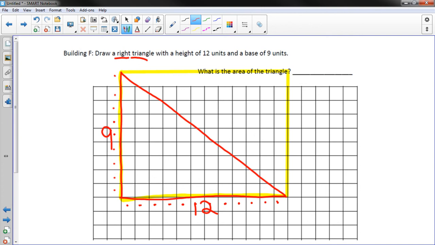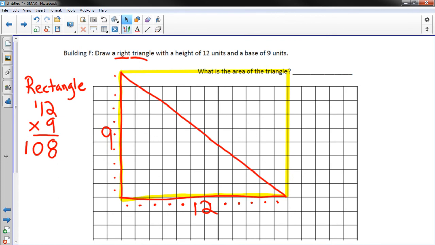Well, what was the area of the rectangle? The rectangle, the area of that was 12 times 9. Which is 108. And the triangle's half of that. So I need to cut that in half.